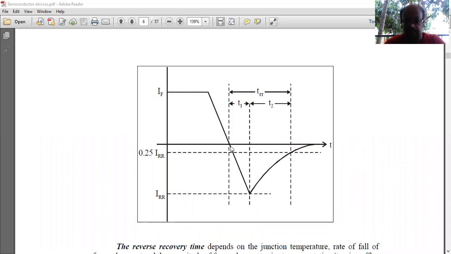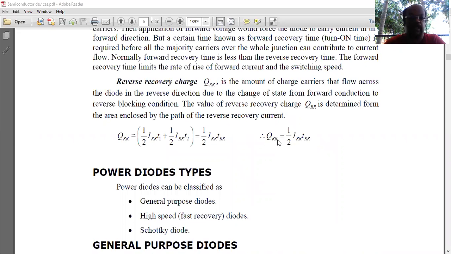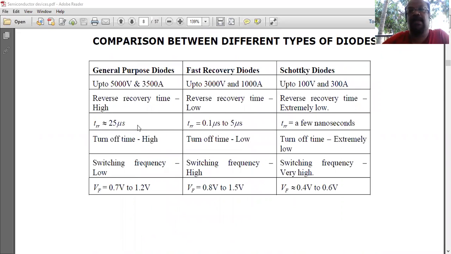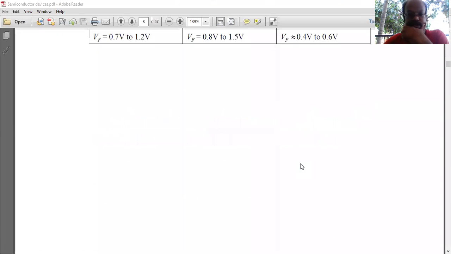If this takes 25 microseconds, that is not acceptable. We cannot use it for very high switching frequency, because each time it switches off, it will take 25 microseconds, which means my frequency has some limitation. I cannot operate the particular device as a switch. So automatically I will go for fast recovery diodes.